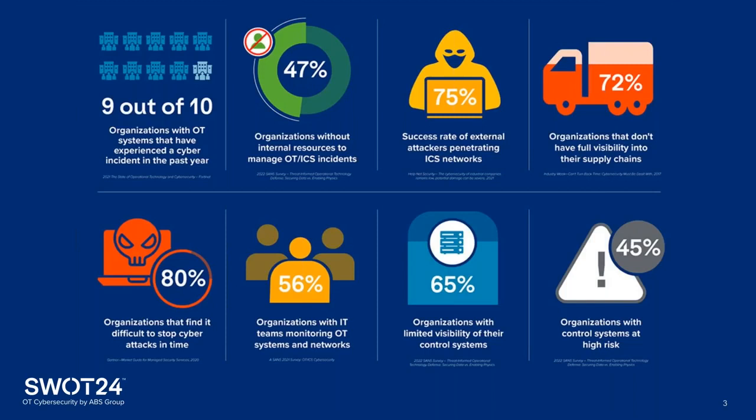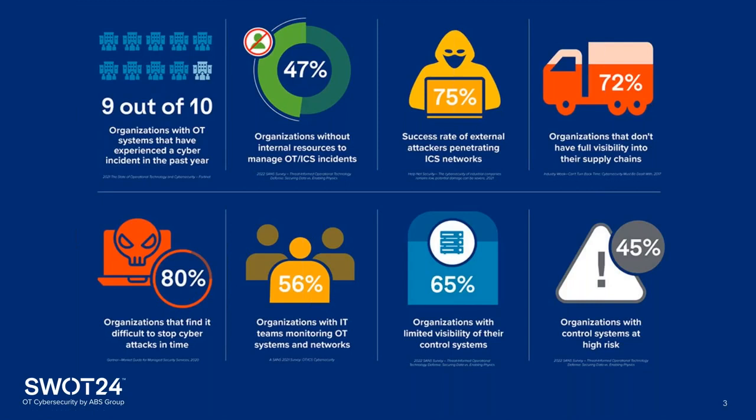Let's begin by setting the stage of the industry and what we're seeing today. This presentation shows a little bit about different organizations and what we've been seeing. 9 out of 10 organizations with OT systems have experienced some type of cyber incident in the past year. 47% of organizations don't have the internal resources to manage those OT incidents. External attackers have had about a 75% success rate of penetrating OT systems.